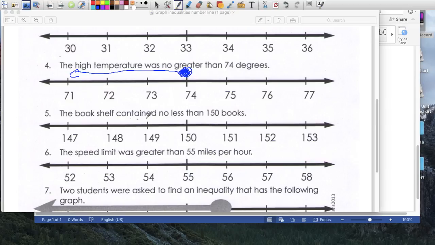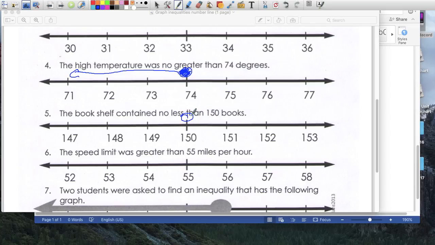5. The bookshelf contained no less than 150 books. So you're looking at this bookshelf and you take a guess, well, this bookshelf has no less than 150 books. What does it mean? Does it mean it has 149 books? No. Another way of saying this is that's the minimum, that the minimum number of books in the shelf is 150. That's the smallest amount.